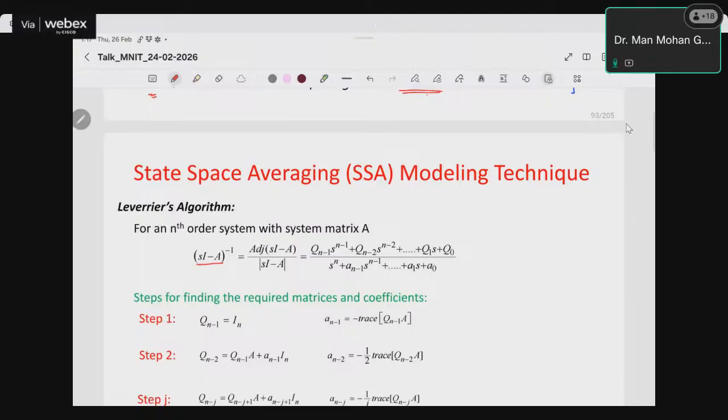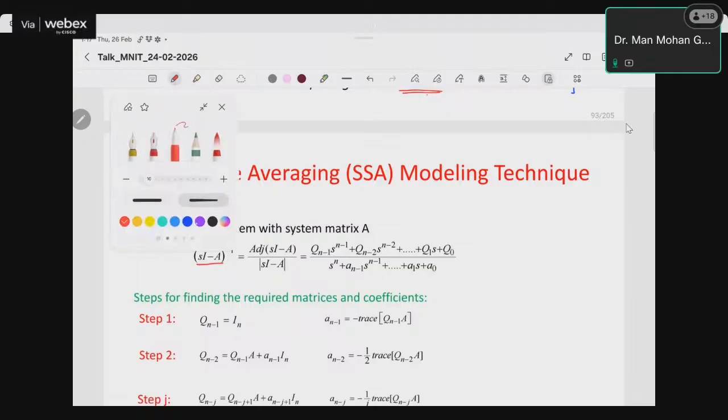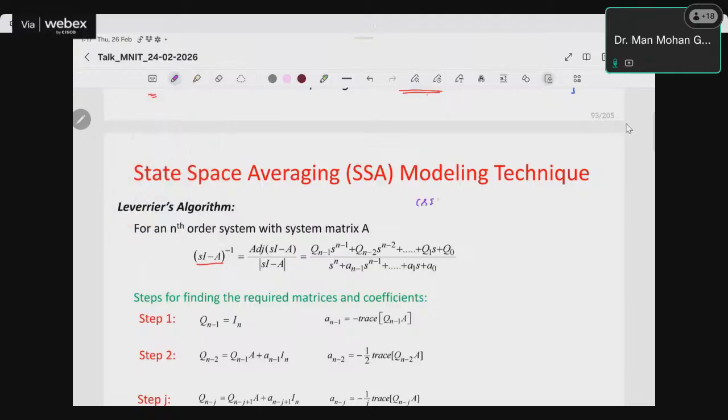In the normal way, let's say X is some matrix. If I need X inverse, then I take the adjoint of this X matrix and divide it by its determinant, right? That is the standard way of finding the inverse of a matrix.